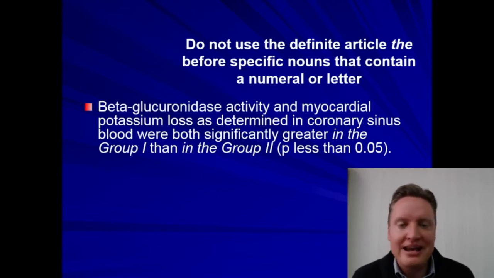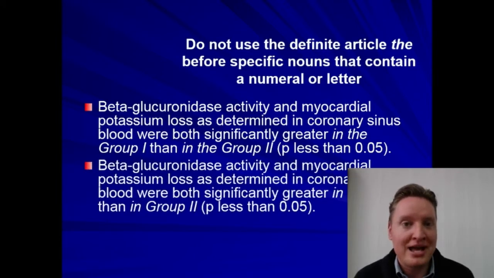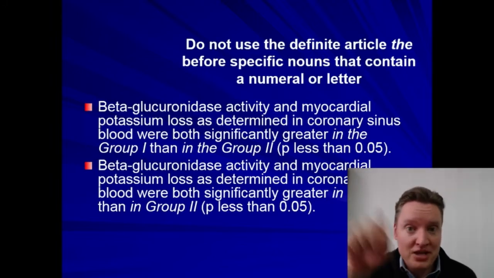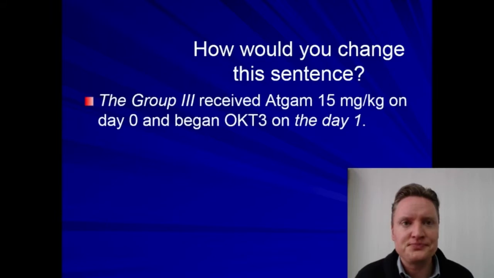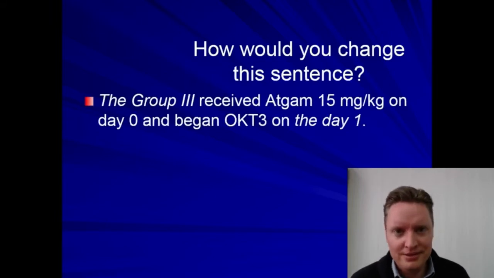I know it's kind of weird and it takes some getting used to, but basically group 2 and group 1, in group 1 and in group 2. No article required because of the number following, or sometimes A or B following a group. Again, no article required. Let me show you another example of this. The group 3 received Atcom on day 0 and began this on the day 1.